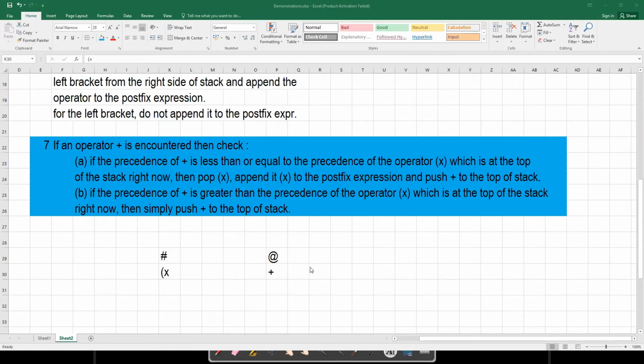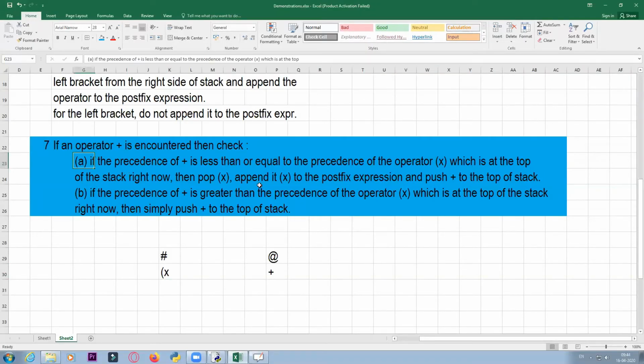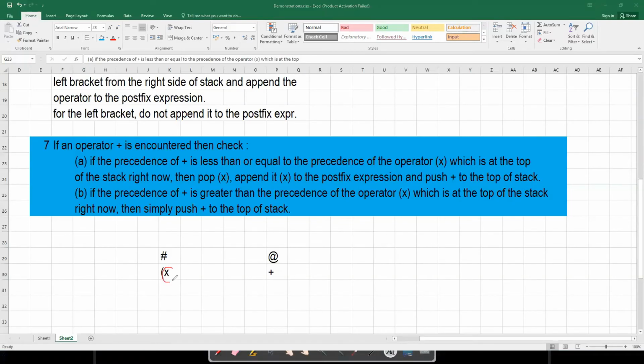Yes, correct answer, Chirag. Precedence of plus is less than that of multiplication. Hence, we will go with the first rule. Now, what does the first rule say? If the precedence of plus is less than or equal to the precedence of multiplication, then pop this multiplication out of your stack.